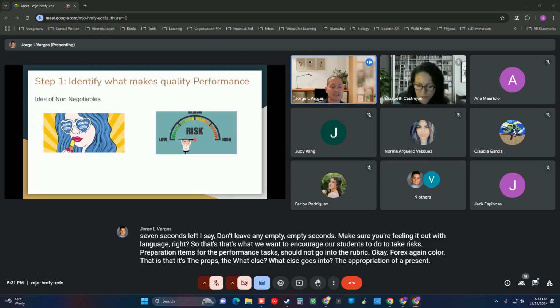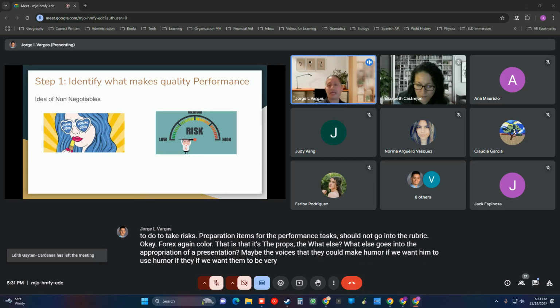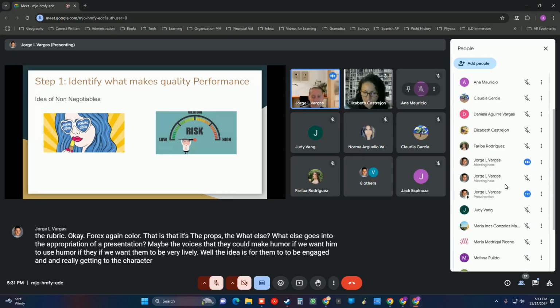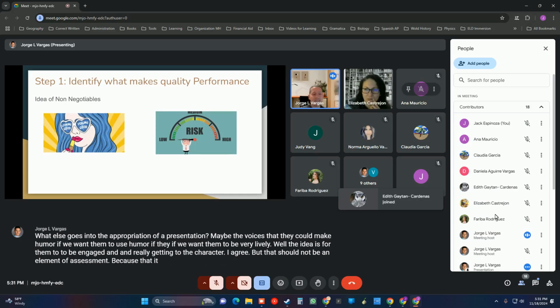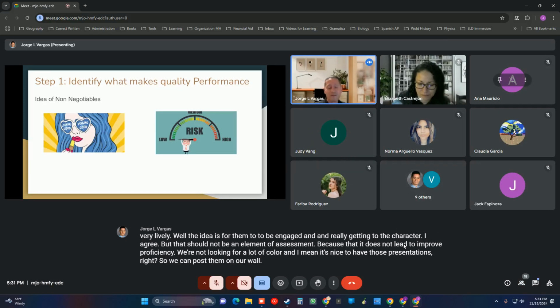I agree, but that should not be an element of assessment, because it does not lead to improved proficiency. We're not looking for a lot of color, and it's nice to have those presentations so we can post them on our wall, but it's not what we should focus on. What we need to focus on again is communication and language proficiency. All right, moving on. Make it simple.